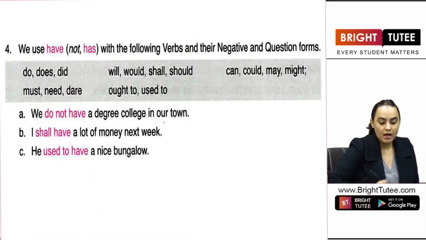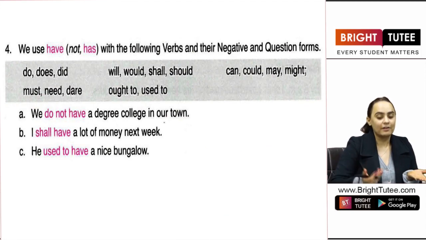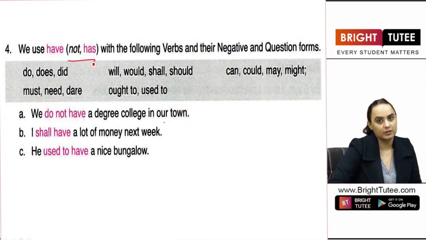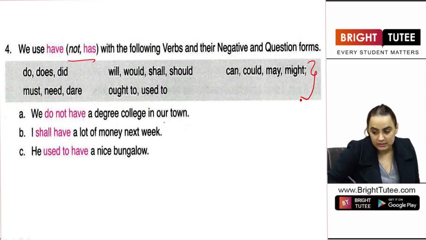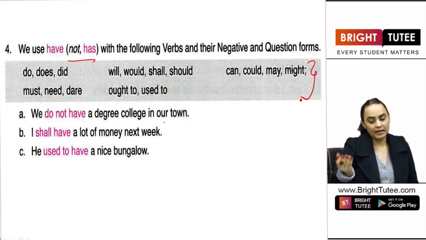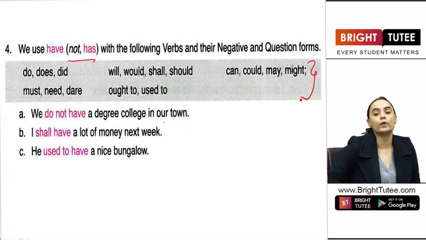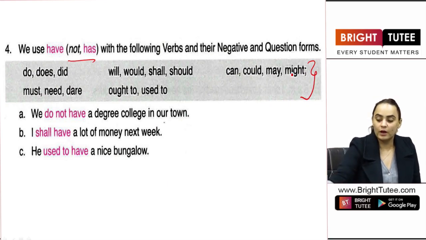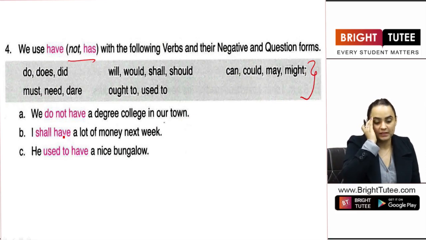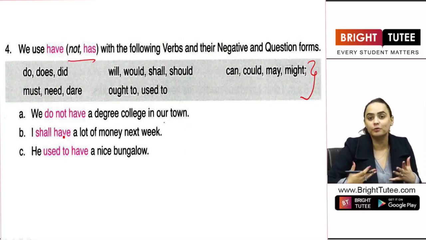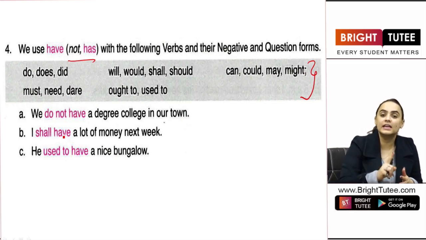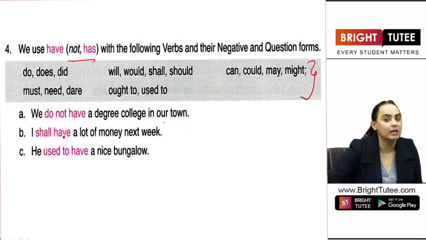Right? Next rule says that we use have not or has not with the verbs given in this box in the negative as well as in the question forms. That is, if we are using one of these verbs with has not or have not, how do we make that sentence, or how do we use that in a negative or in an interrogative sentence?